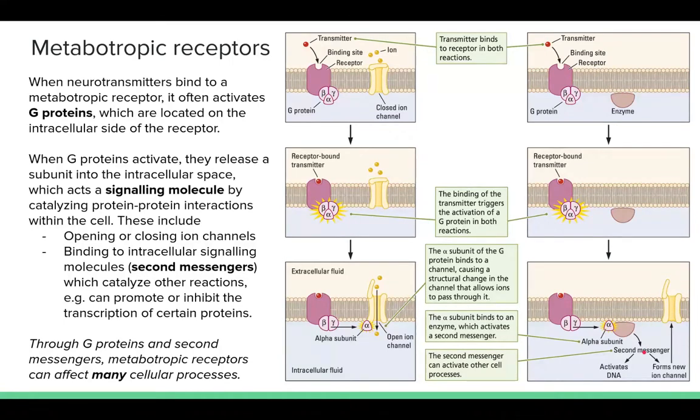Right. And when that happens, we can imagine that the effects of this receptor are going to eventually have an effect on the membrane voltage inside the cell. But of course, it's going to be happening at a much slower time scale and in a much more indirect fashion, through these intracellular second messengers.